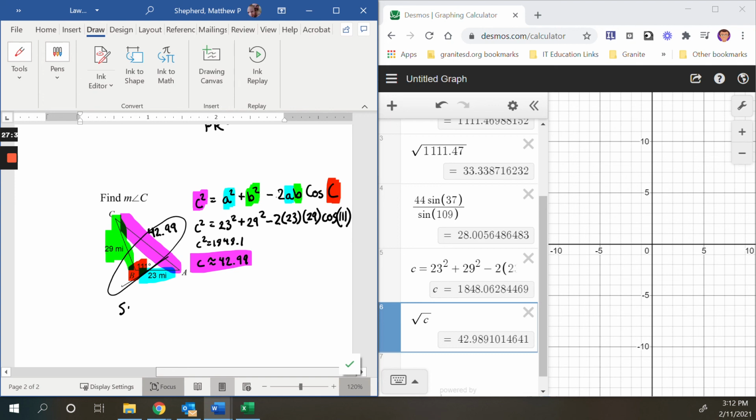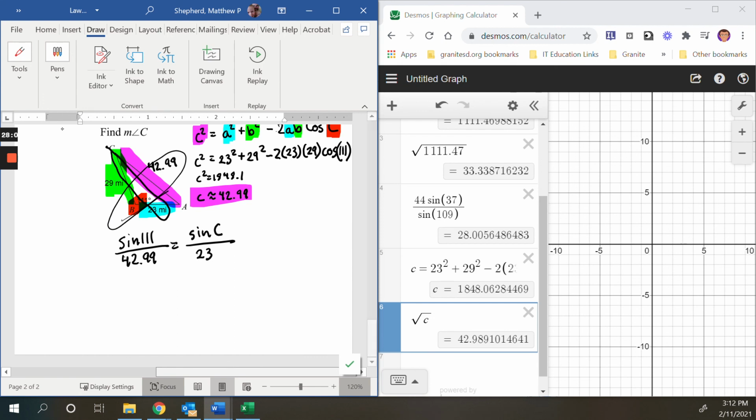So I could do the sine of 111 over 42.99 is going to be equal to, there's that angle C that we're looking for, sine of C all over 23.